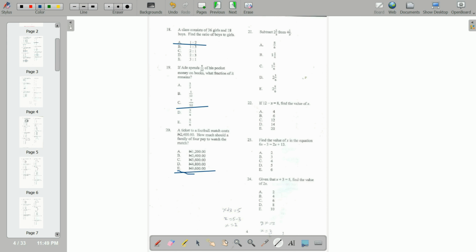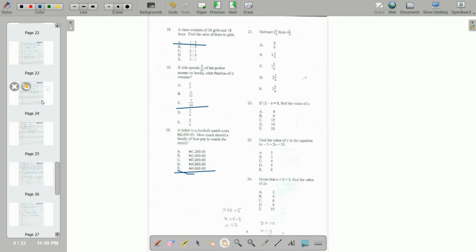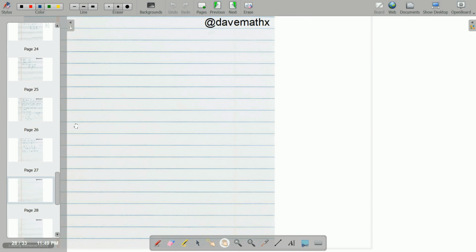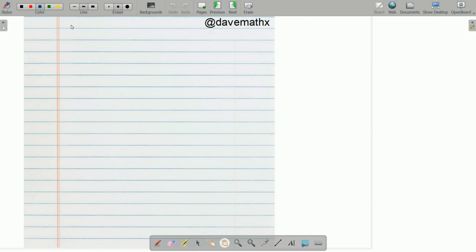Next is question 21. Subtract 2 1/2 from 4 1/3. To subtract this, we rewrite to make it simpler.